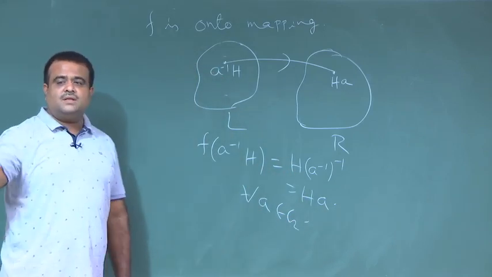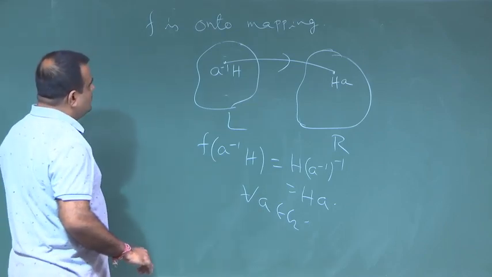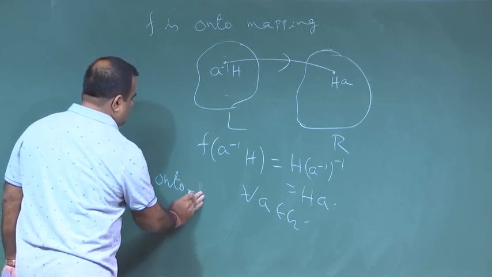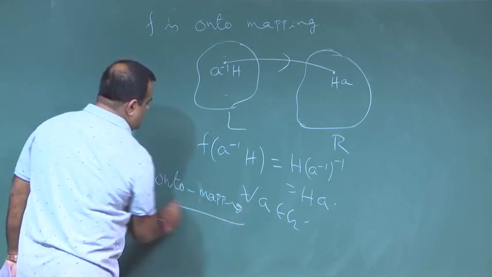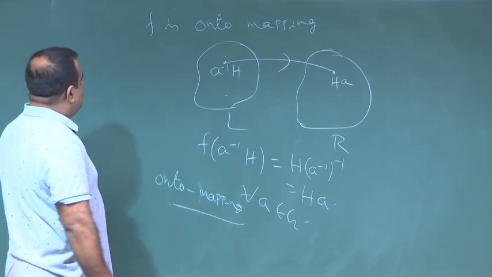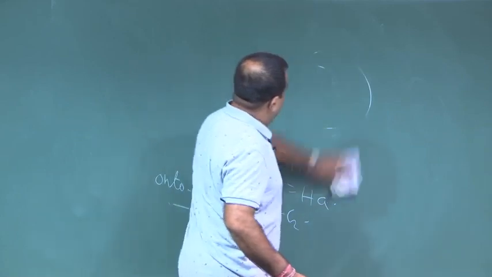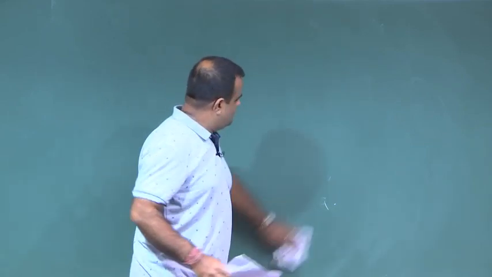It is covering the whole set. So, this is an onto mapping. Hence F is bijective. So, F is a bijective mapping.